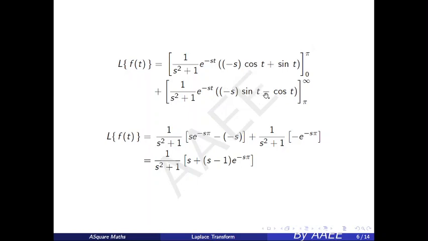If you put limit t tends to infinity, it will be a 0 by the L'Hospital rule, and for lower limit, if you take minus sin of pi is 0 and cos of pi is 1, minus 1, so minus minus plus 1, but lower limit is minus, so it will be a minus.